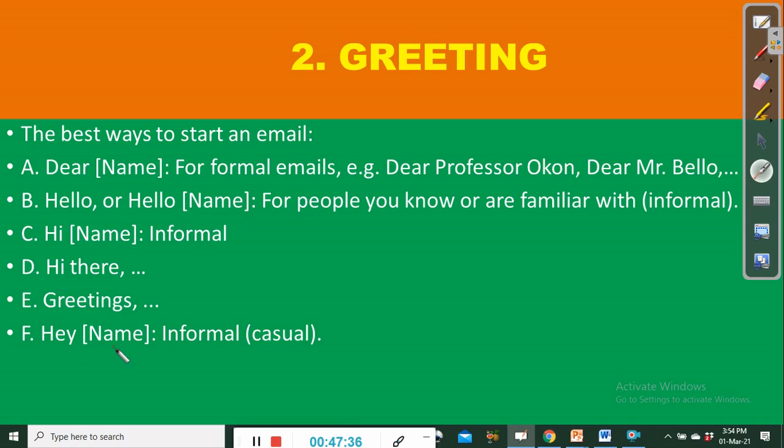So there are various ways of writing your greeting in an email. Now, you only need to understand that the degree of formality or otherwise will determine the kind of greeting that you write in an email.